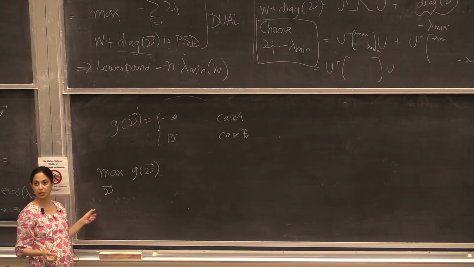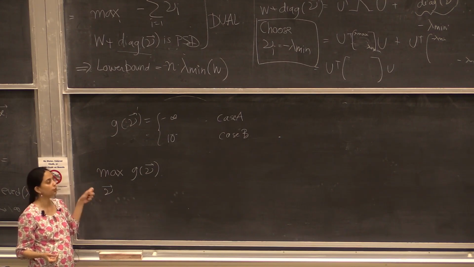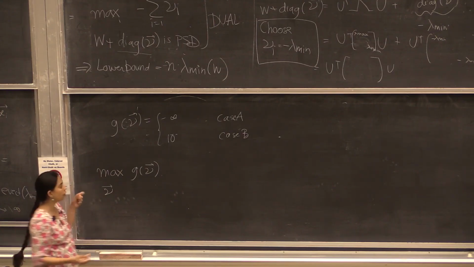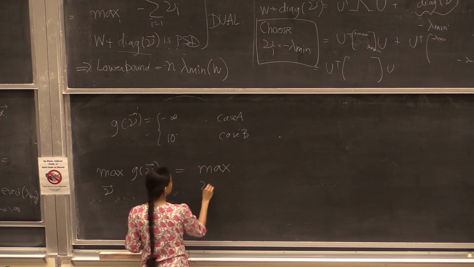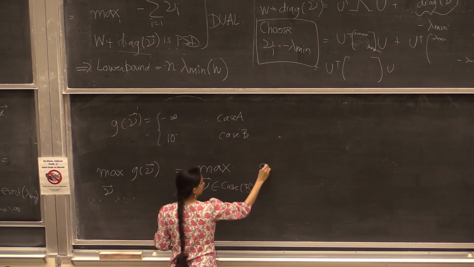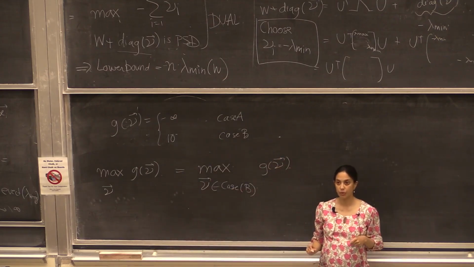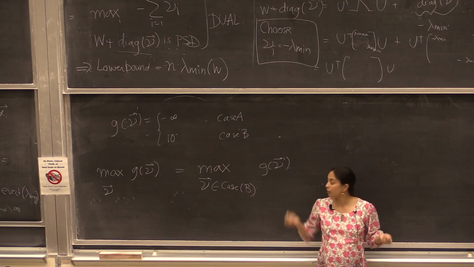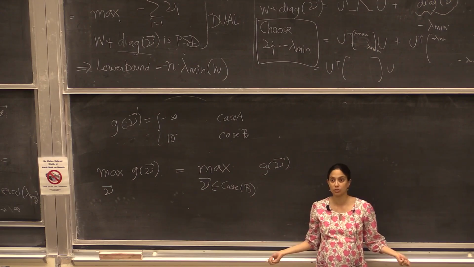Nu is either in case A or in case B. Am I ever going to choose a nu that puts me into case A? No. So it is equivalent for me to write this as max over nu belonging to case B of g of nu. Because I know that case A forces me to negative infinity. I will never choose a nu that makes that happen. It's not going to be in my interest in maximization.